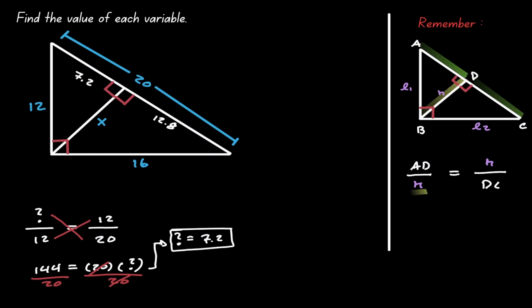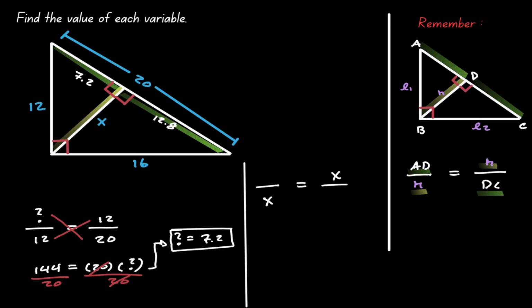And now notice that the altitude is what we're looking for, and AD can be seen as 7.2 and DC can be seen as 12.8. So now let's just plug in these values in our proportion. The altitude is x, and the numerator of AD is 7.2, and the denominator of DC is 12.8.